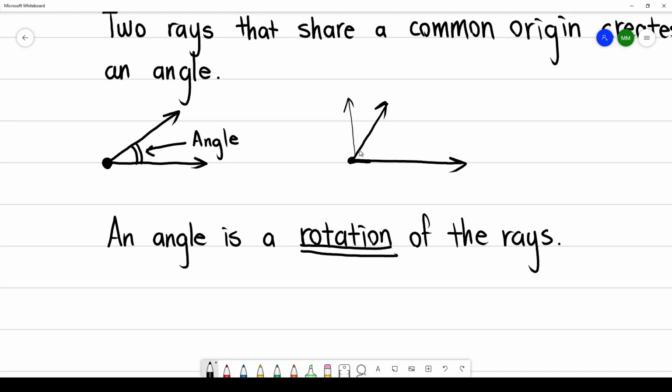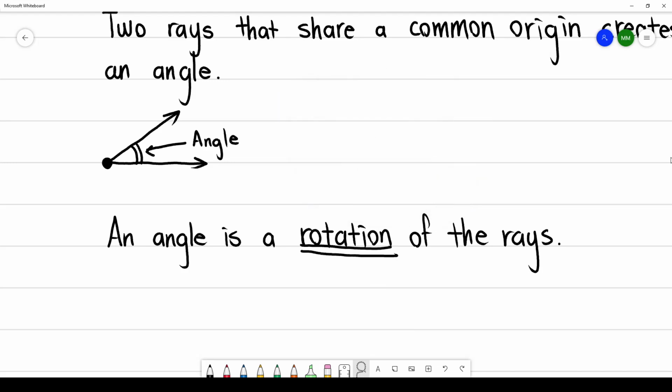And then rotate it more, let's say I rotate it here. Then this is a big angle. You can rotate this one as well. So you can rotate it here, and the angles get even bigger. Or you rotate it backward, and then you get a really small angle. So an angle is a rotation of the ray.